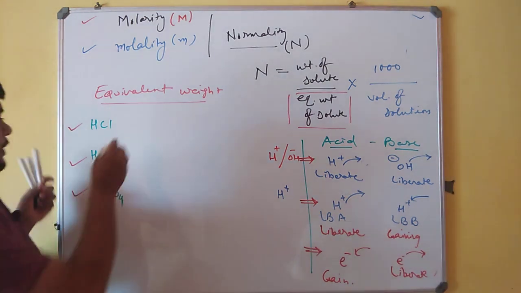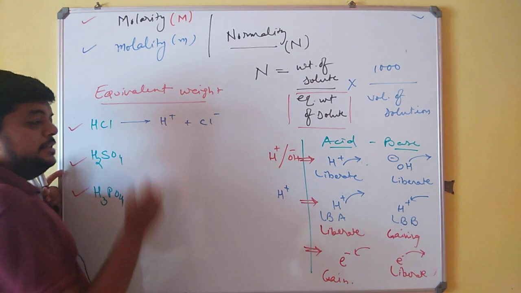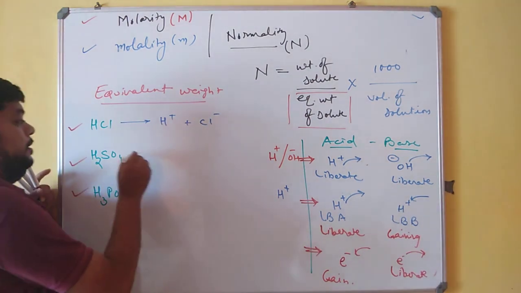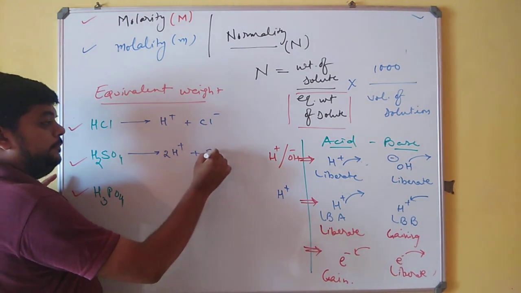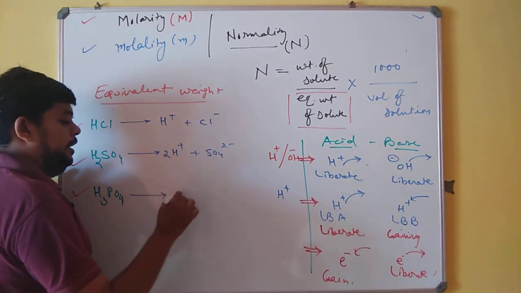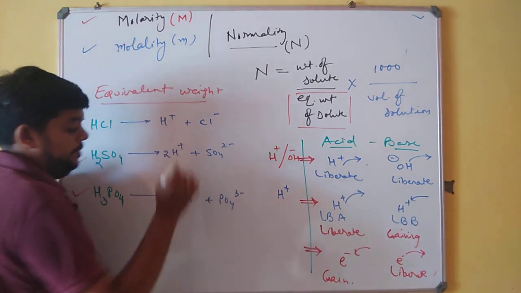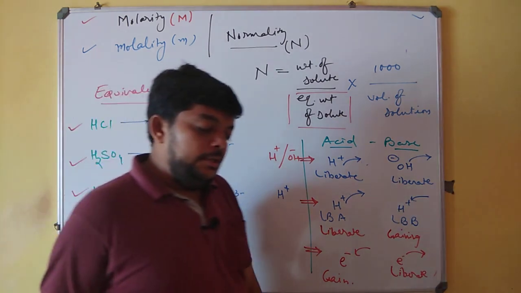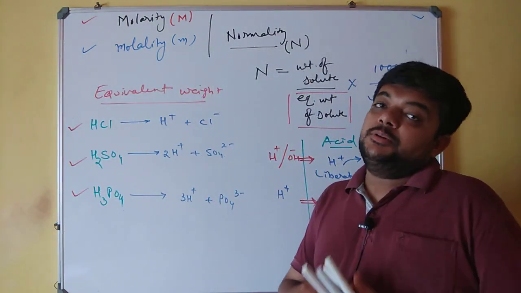For HCl, if we calculate, it is H plus and Cl minus on dissociation. Similarly, for H2SO4, it is 2H plus and SO4 2 minus, and similarly for H3PO4, it is 3H plus and PO4 3 minus.